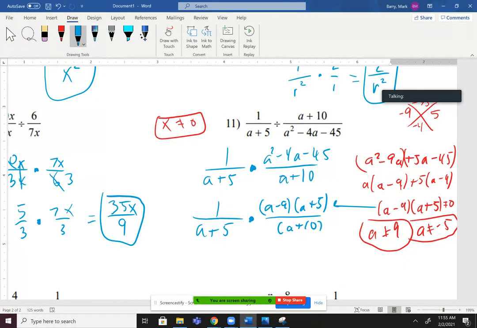I'm going to cancel stuff out in a second, but I'm going to slow down in case I'm going too fast here. All right, so the only thing I see I can cancel out is the a plus 5 here.